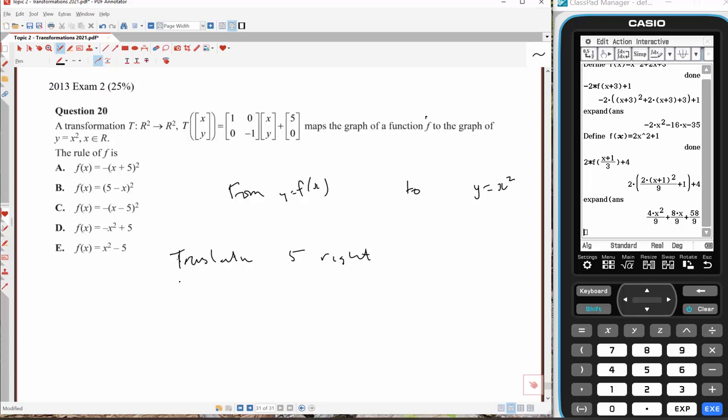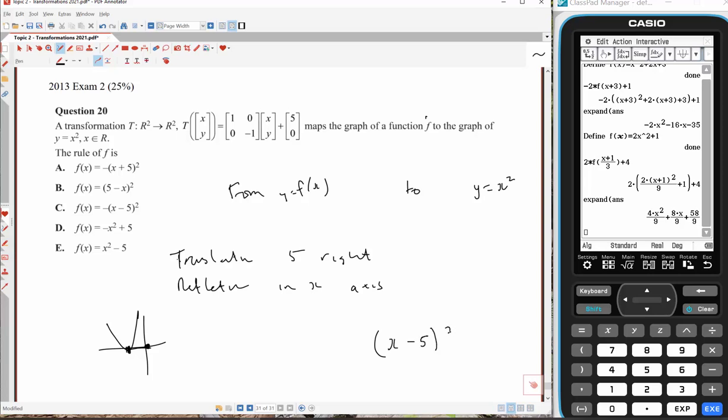And it's a reflection in the x-axis. All right, so basically what I'm looking for is a parabola that's currently 5 to the left, so that when it moves back here. Okay, so I'm looking at a parabola that looks like this.